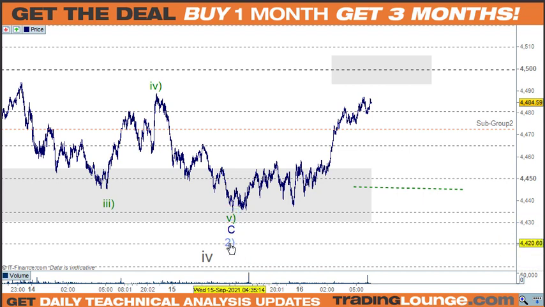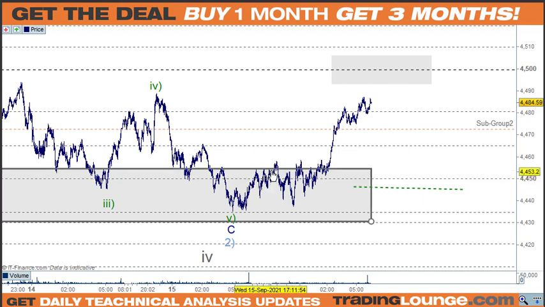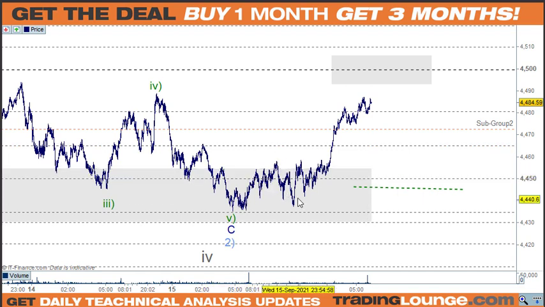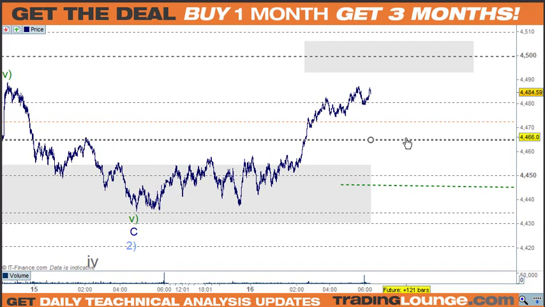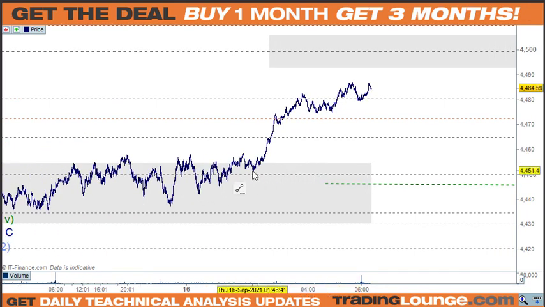So we can look at this as 1, 2, 3, 4, and 5 for 1, and back for 2 here. But there could also be the A wave and the B wave here. So we won't know yet. This here is wave 1 and 2 here. This is probably 1 and 2 and 1 and 2. So that's all of the, from here to, I need to check that a bit further.